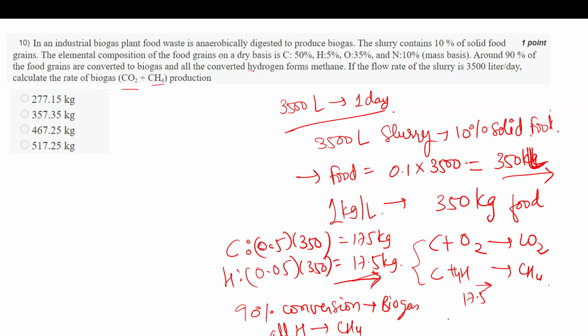If you look into the stoichiometry, 12 grams of carbon requires 4 grams of hydrogen to form 16 grams of methane.